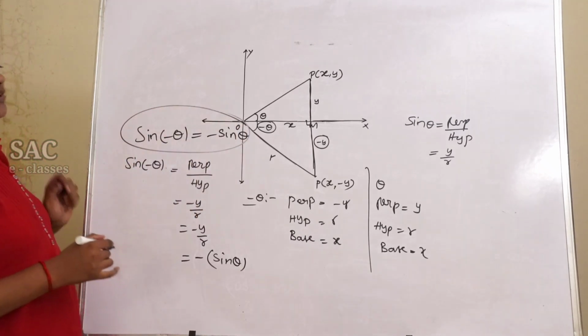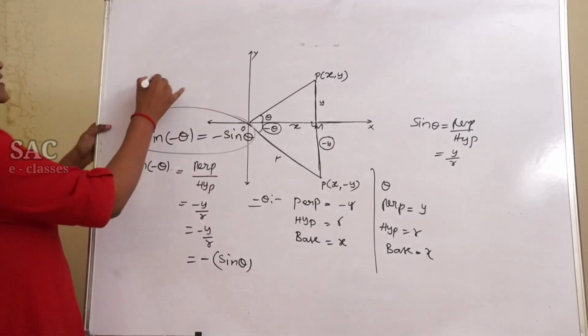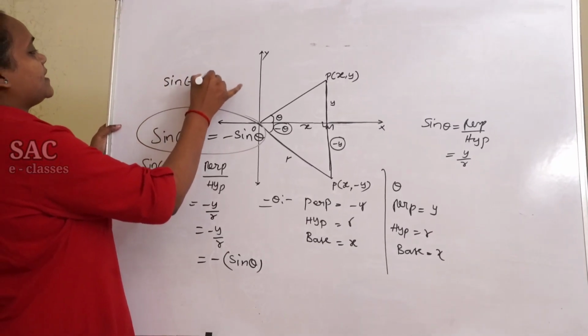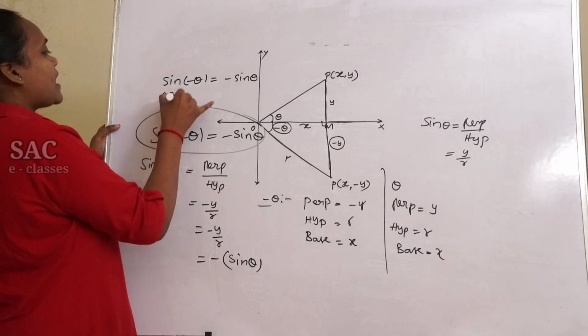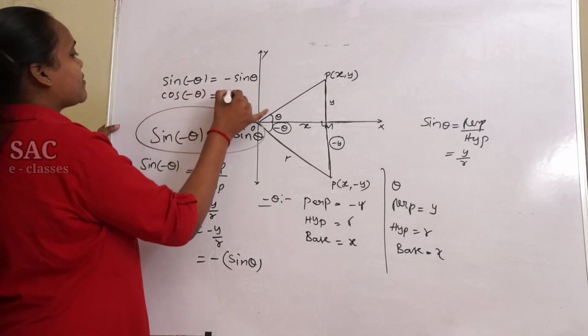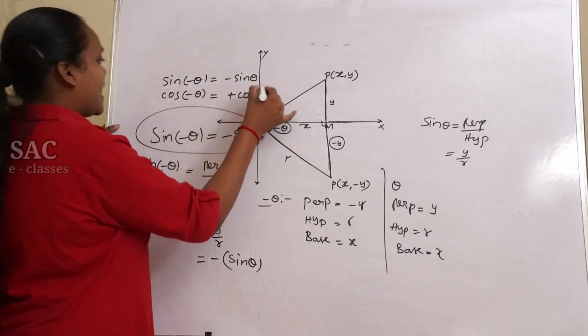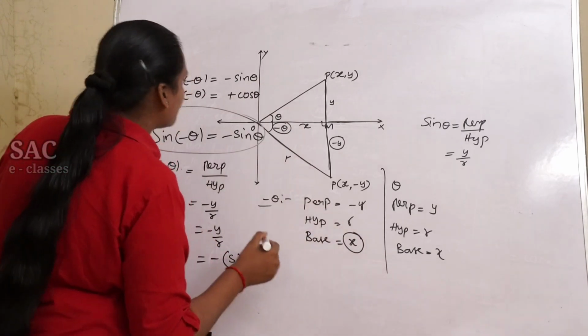Now can we write that sin of minus theta is equal to minus sin theta? Yes, we can. Cos of minus theta is equal to plus cos theta, as it has a positive base.